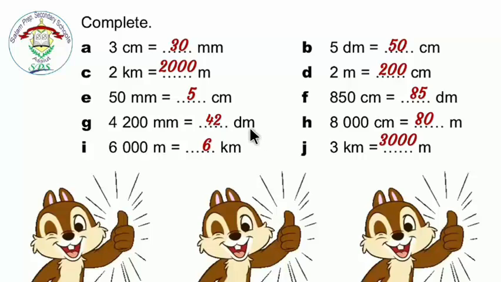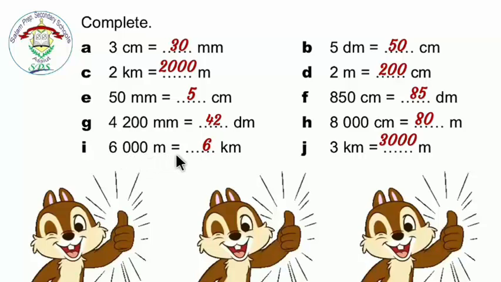Please look at your hand. From millimeter to decimeter, from the smallest to the greatest, we will move 2 steps. Millimeter to centimeter, 1. From centimeter to decimeter, 1. So we will remove 2 zeros. Okay?